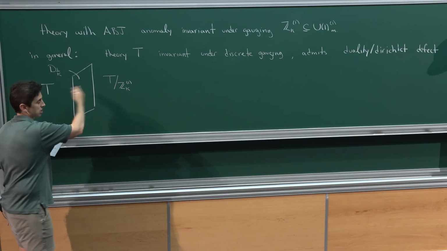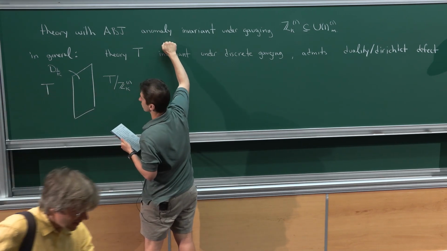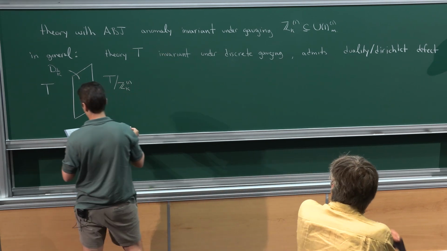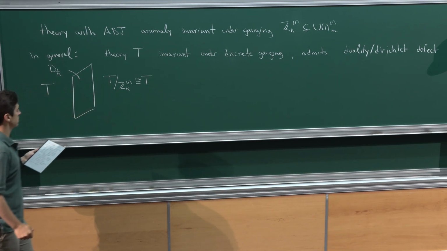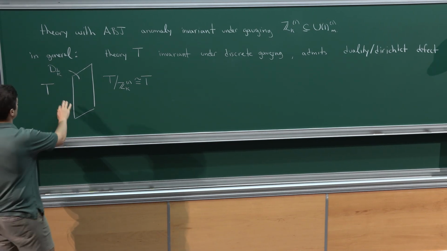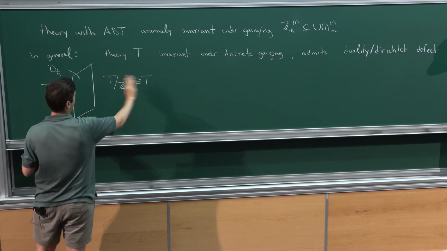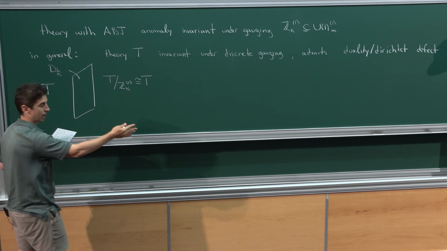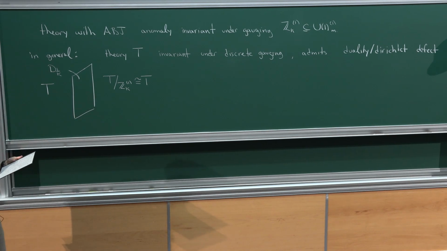And now normally this is just an interface between two different theories. But now we invoke this sacred property, this self-duality. And so this is the theory again. So what we're doing here is we're going to gauge this one-form symmetry in half of space-time. And at the interface, we're going to find this defect again.